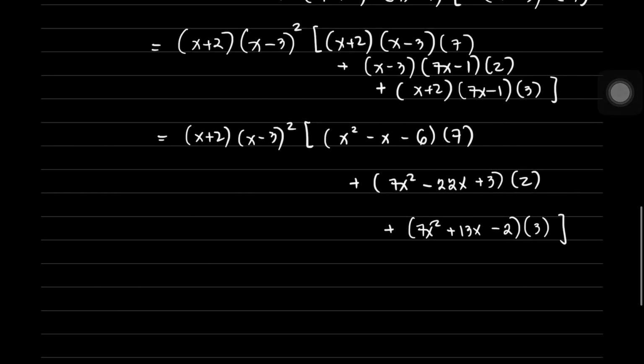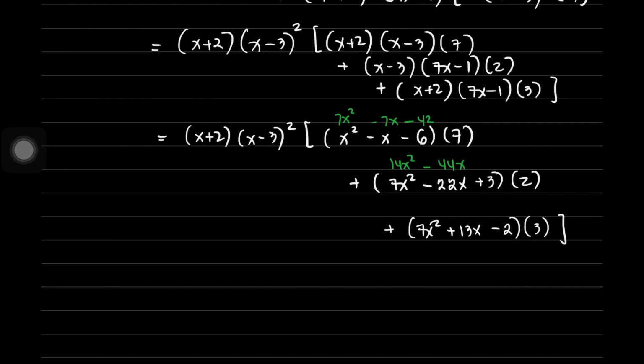Right? So if we're going to distribute the constants here with these expressions, we have 7x squared minus 7x minus 42, and then we also have 14x squared minus 44x, right? So that is 44x plus 6.